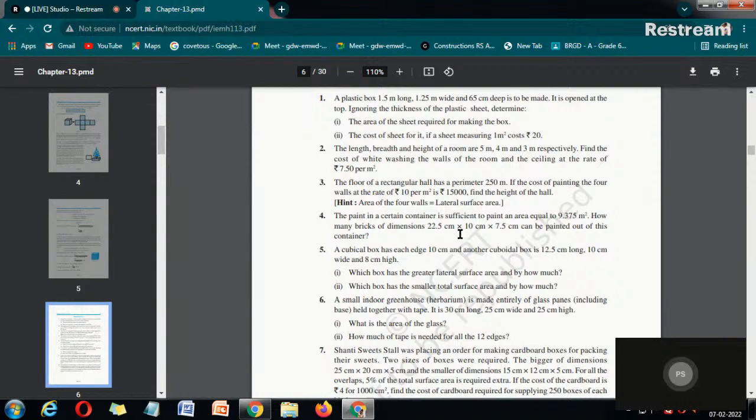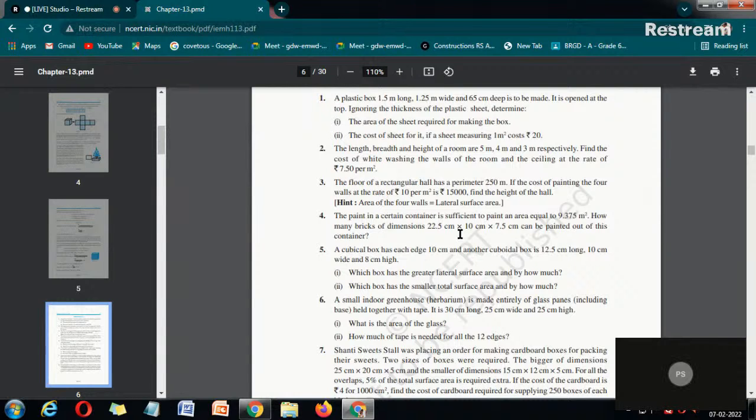So first one, which box has a greater lateral surface area? Lateral surface area of a cube is 4a square, 4 into 10 square. 400 is our answer. 400 centimeter square is for the cube. Cuboid: 2H into (L plus B). H is 8, L is 12.5 plus 10.